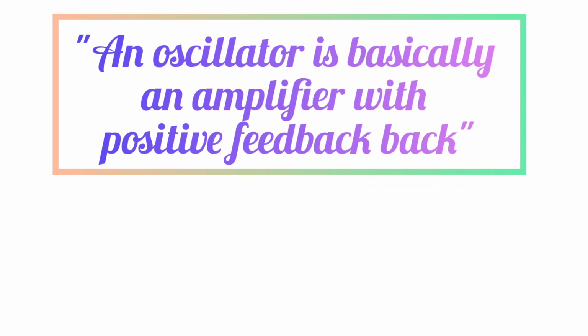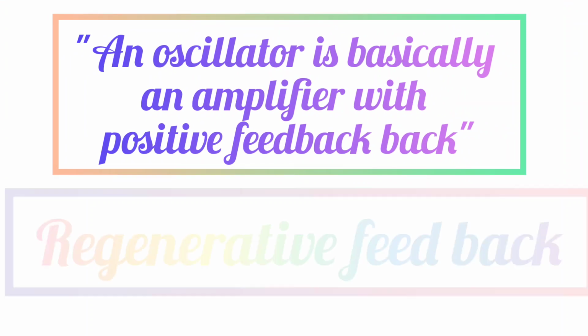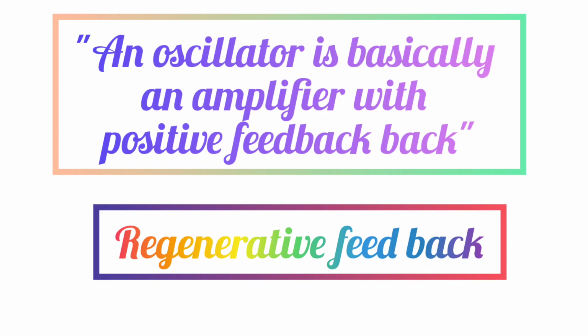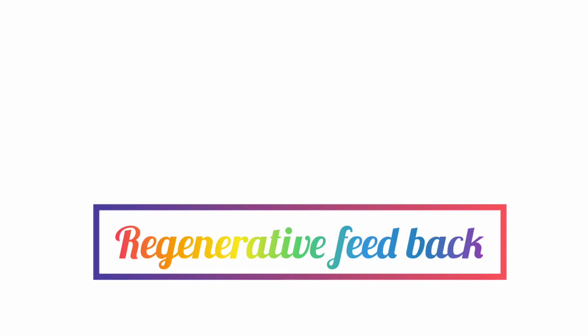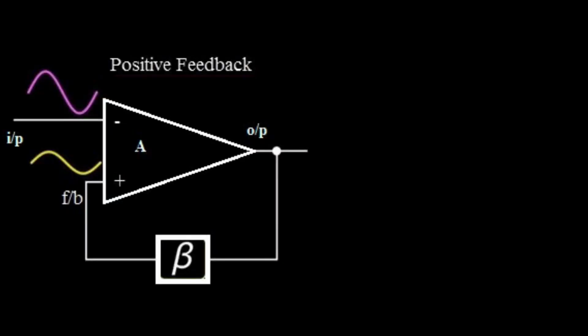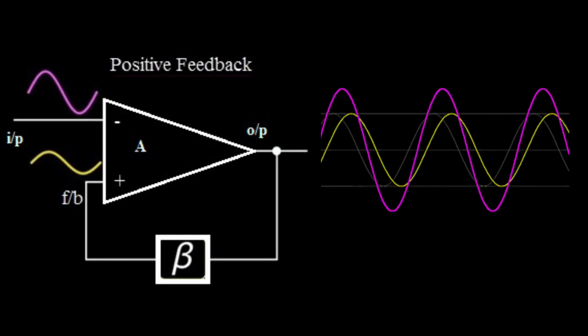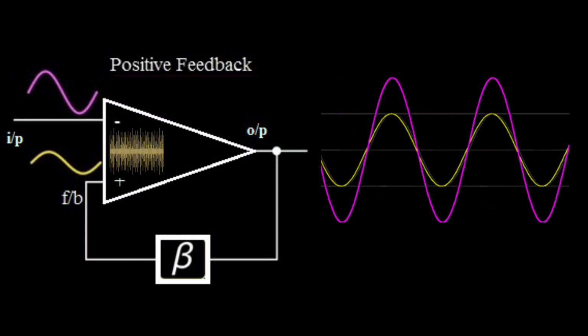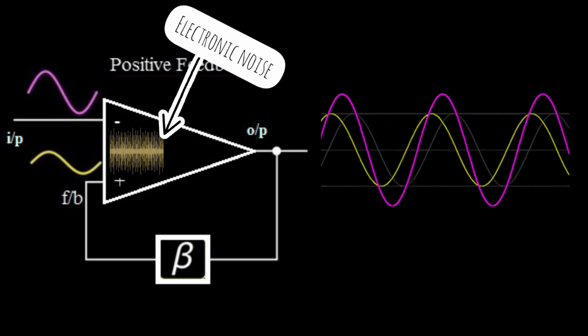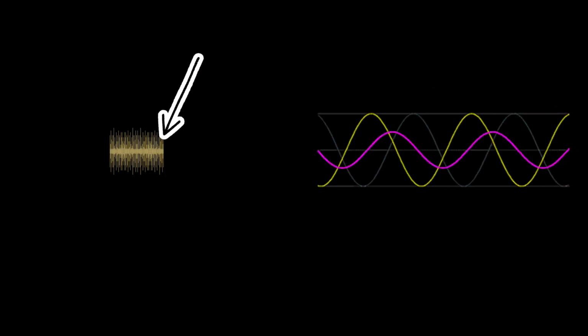An oscillator is principally an amplifier with a positive feedback or regenerative feedback. Regenerative because the output is regenerated with no input, because of the continuous amplification of the electronic noise which was present in the open loop amplifier.